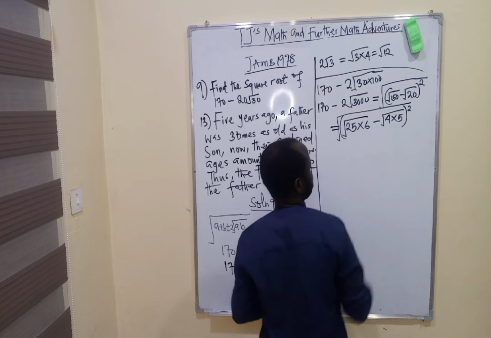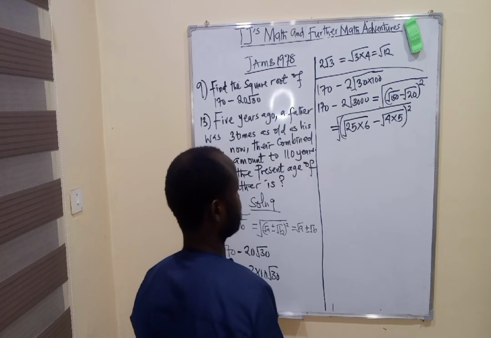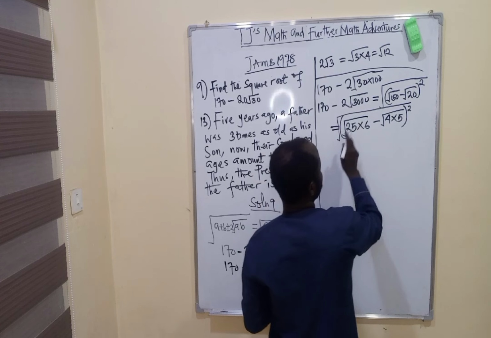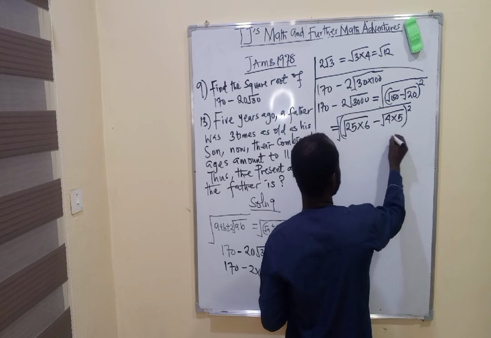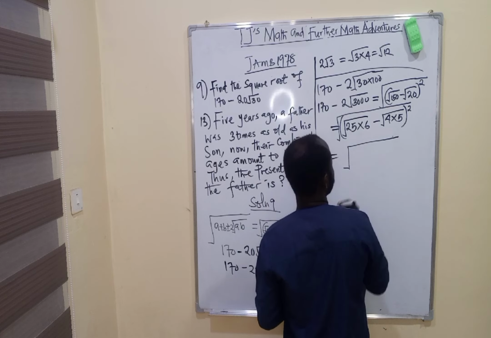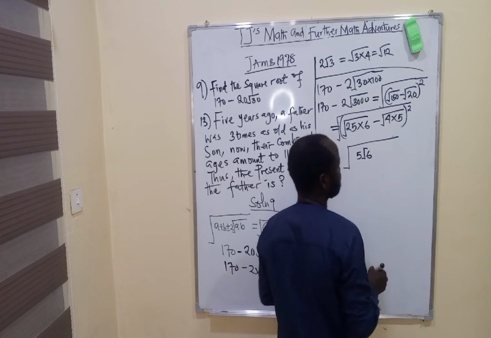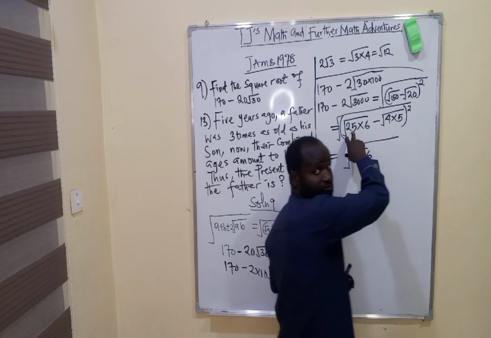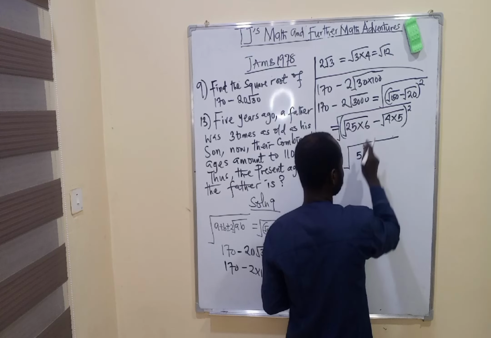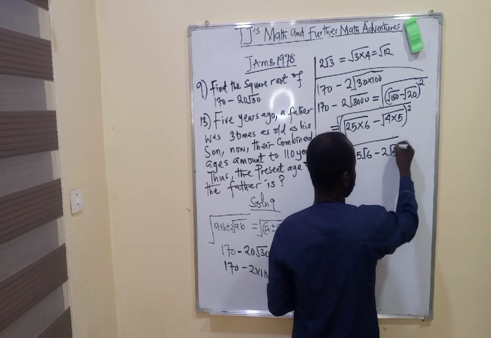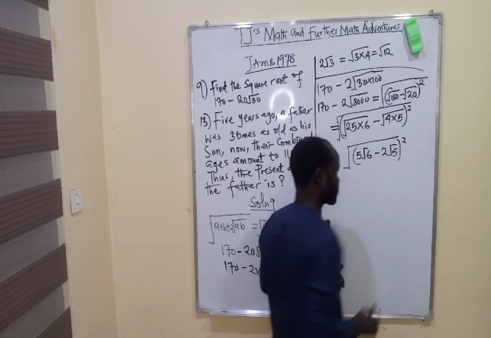So the square root of 25 is 5, then we'll have 5 root 6. The square root of 4 is 2, that will be 2 root 5, all squared.